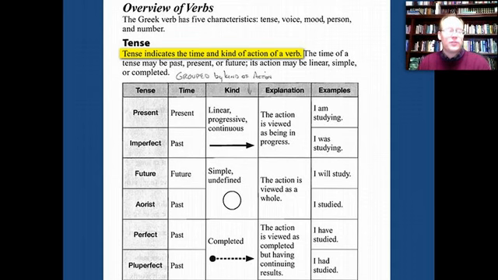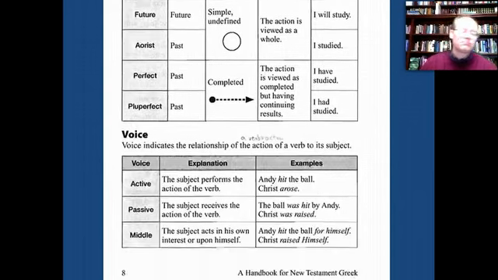So it'll be very important for us to learn to recognize tenses and to know what those tenses communicate. On your grammar review, you will have to know that tense indicates both time and kind of action. So that's the first characteristic of verbs.